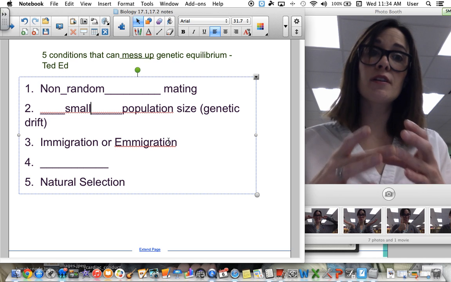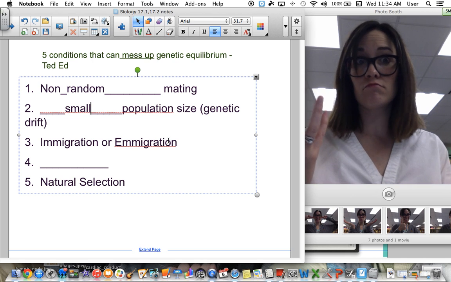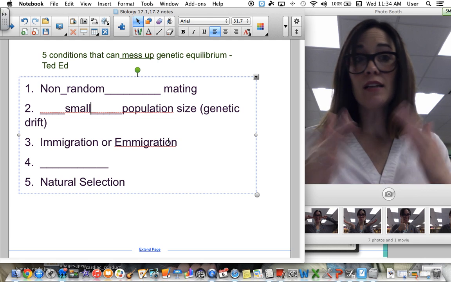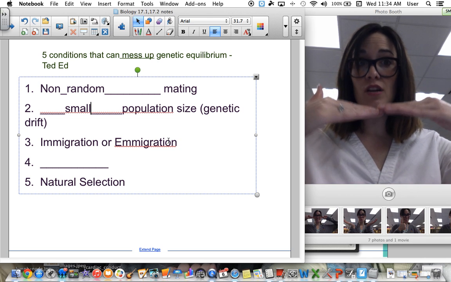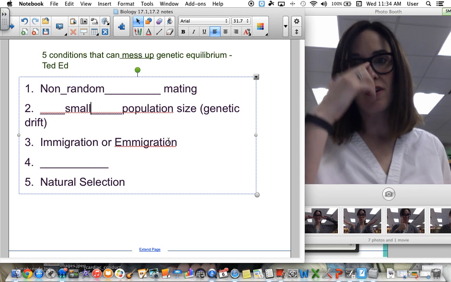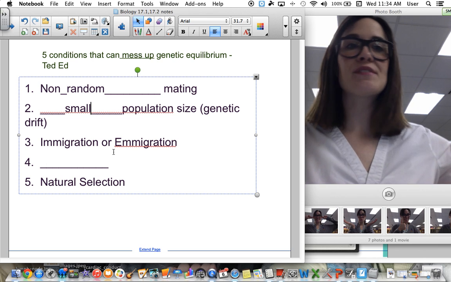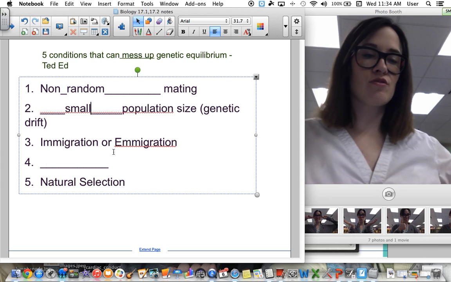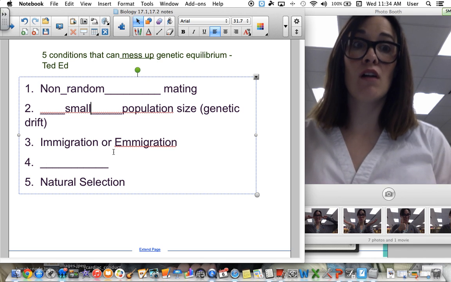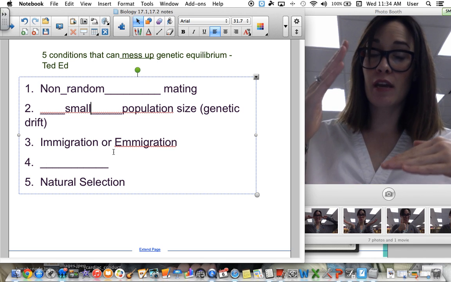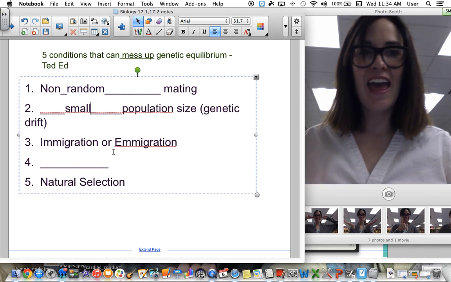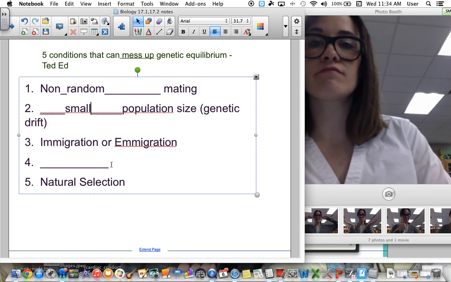They're going to bring different alleles for skin color than we have. And so that's going to change the genetic equilibrium, going to change the allele frequency. And emigration is just when people leave. And they could take those alleles, those genes with them. And that will cause the population to evolve, and thus change the genetic equilibrium.